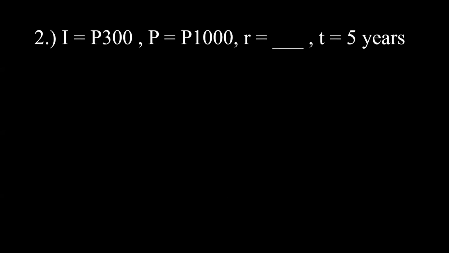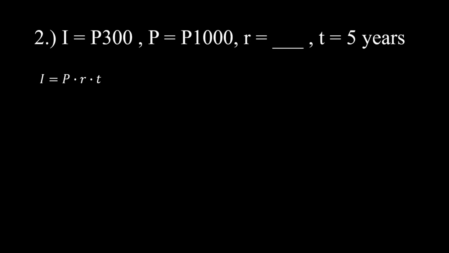Problem number 2, the interest is given, which is 300 pesos. The principal is given, 1,000 pesos, but the rate of interest is unknown, and the time or term is 5 years. So we have to derive the formula for the rate of interest from our original formula, I is equal to PRT.